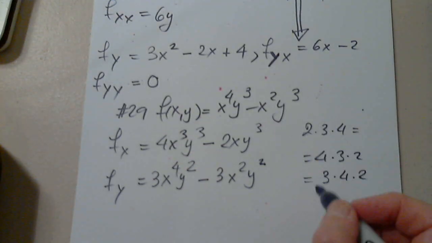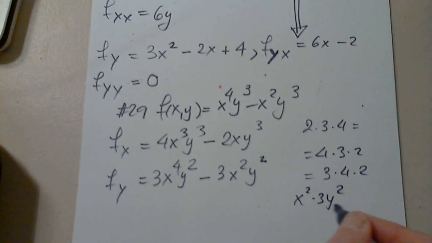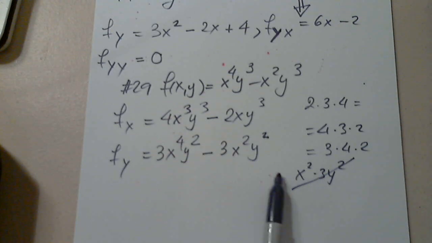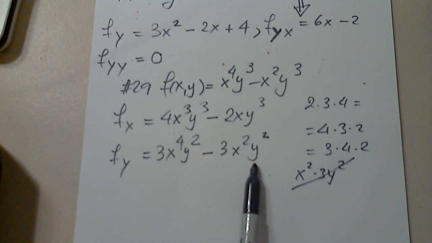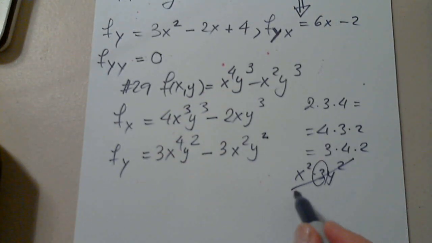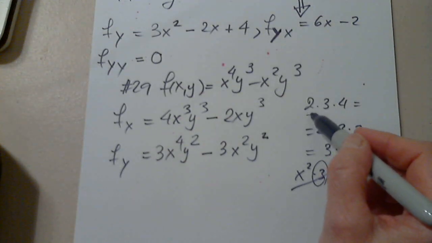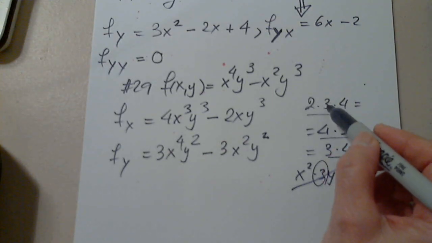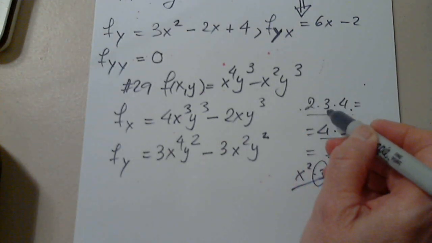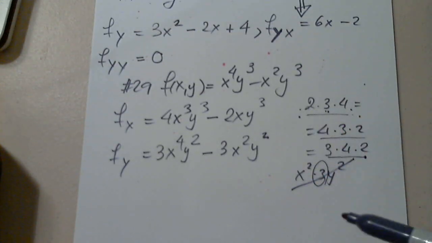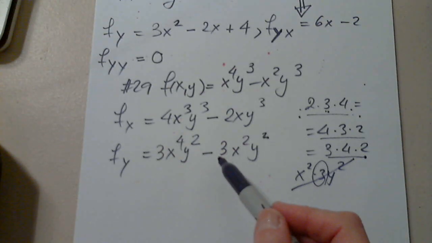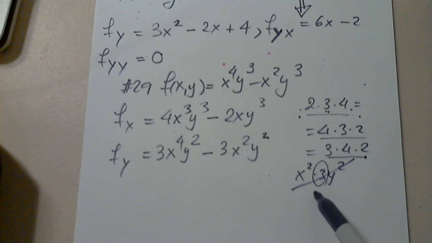So when I have x squared times 3y squared, I'm not going to write it like this. It has to be written as 3x squared y squared. I'm not going to leave a constant in the middle of a product. Because multiplication is associative, I can combine them in any way, shape, or form. So the constant has to stay in front. Very good question. Is it clear?